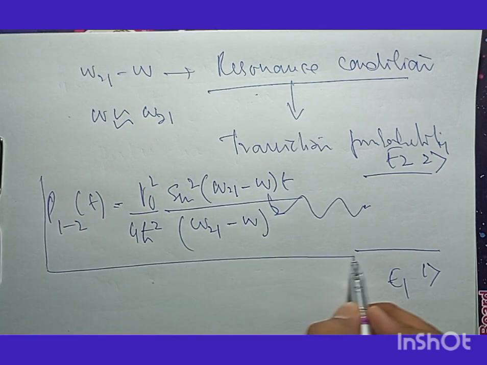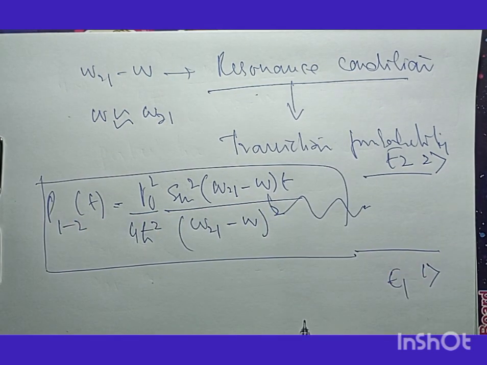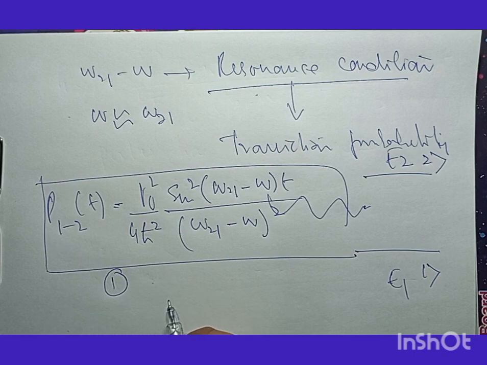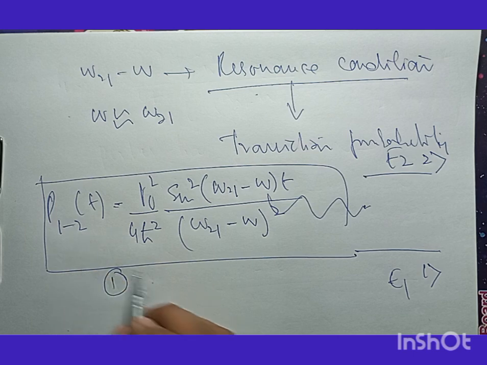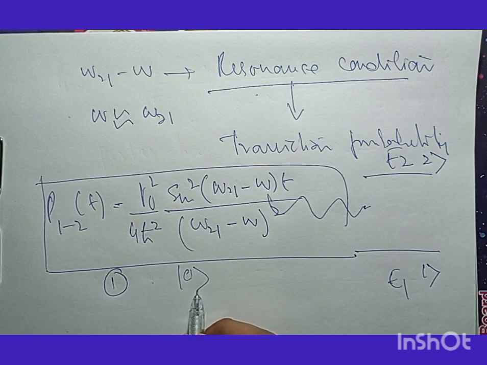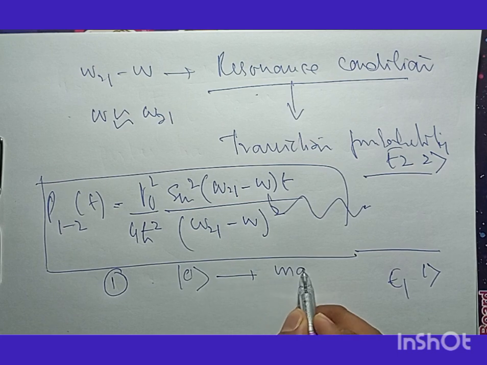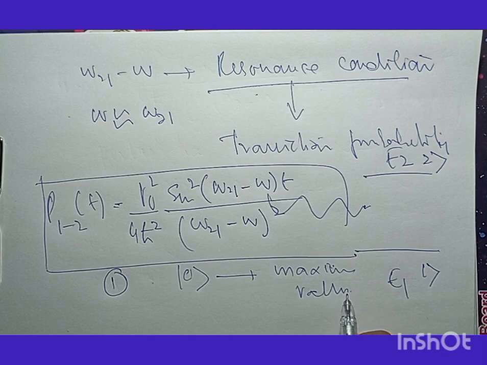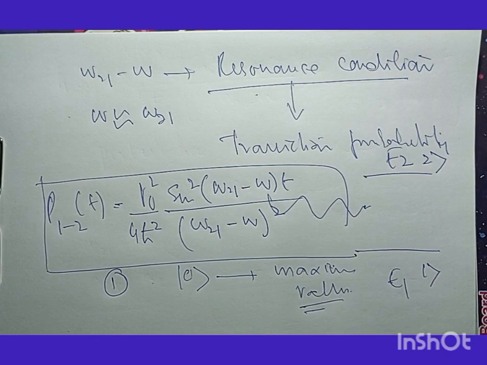This formula tells us several important things that are happening to the system. The first thing is, the transition probability oscillates between 0 and a maximum value as a function of time.